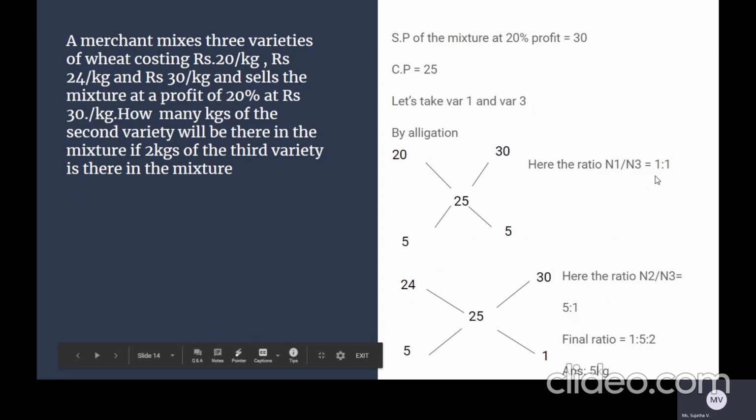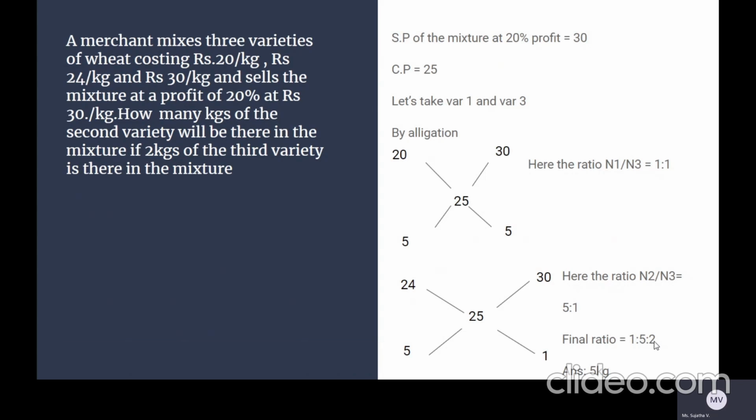N1 is 1. How many parts of N2 are there? 5 parts. How many parts of N3? From both together, there are 2 parts. So the final ratio N1:N2:N3 is 1:5:2.